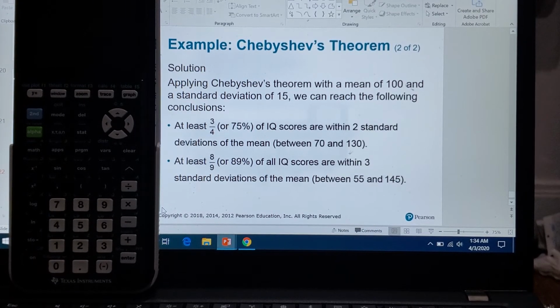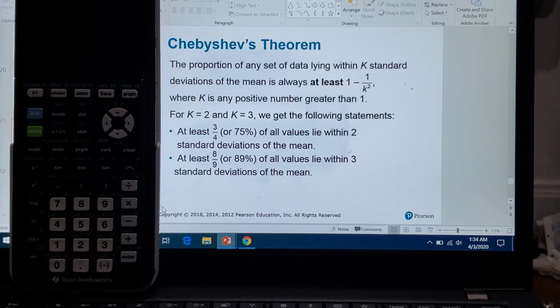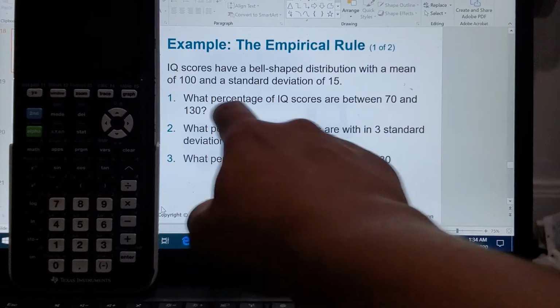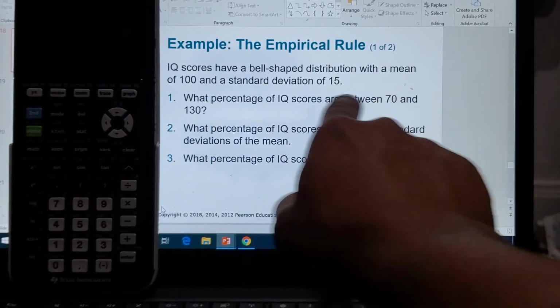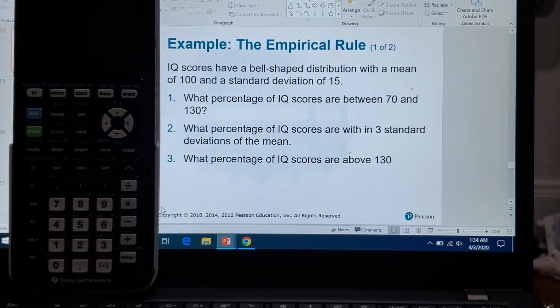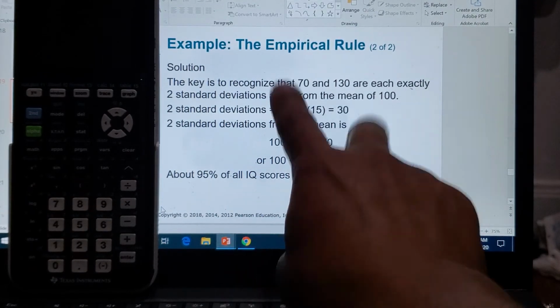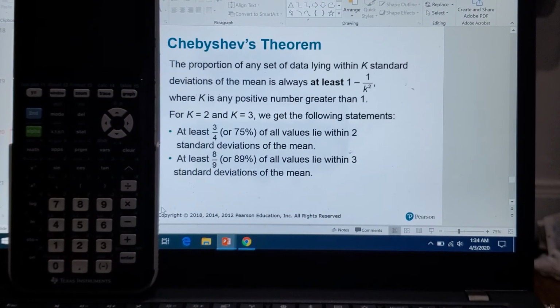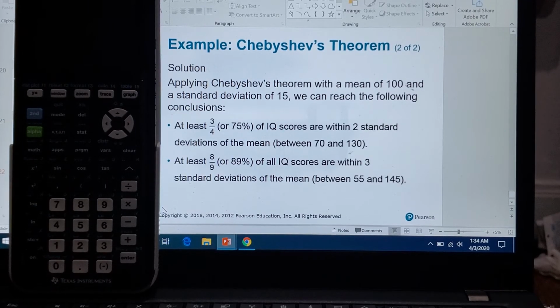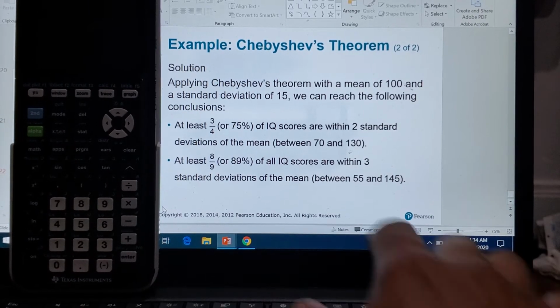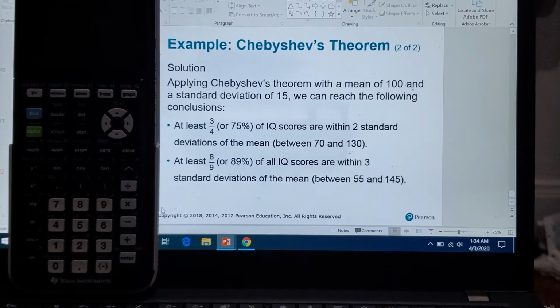Let's say we're trying to answer this: what percent of IQ scores are between 70 and 130? We know that between 70 and 130 means 2 standard deviations. If they're not bell-shaped, then you would have said at least 75%.